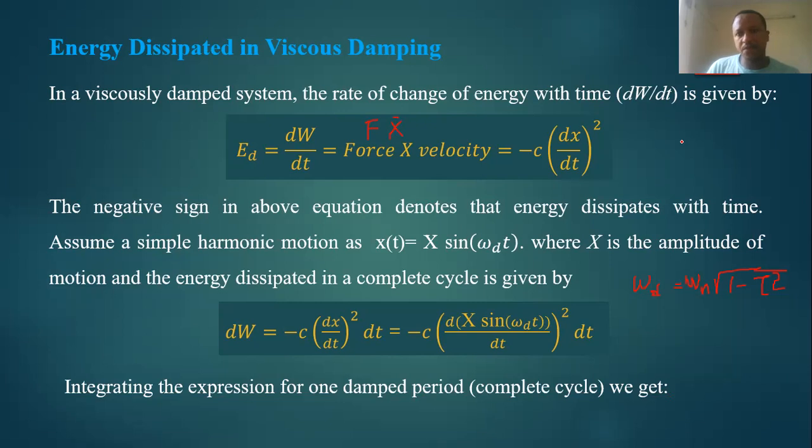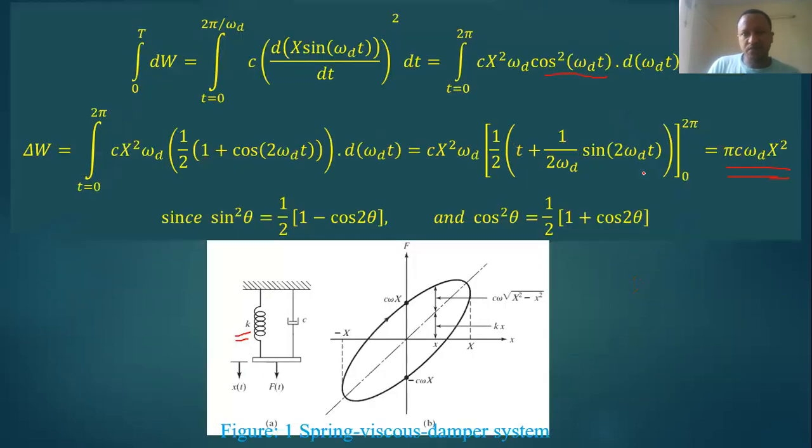So dW is equal to F x dot dt. This is the relation which we include there.